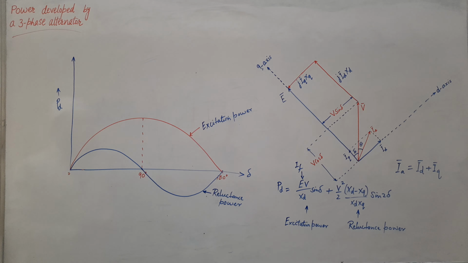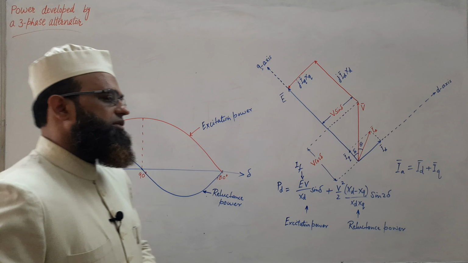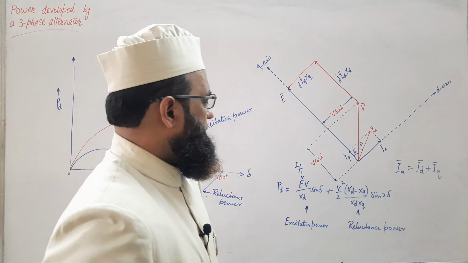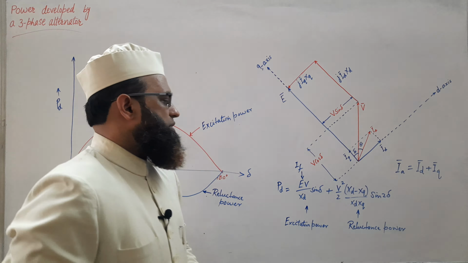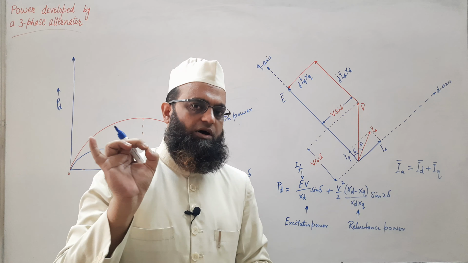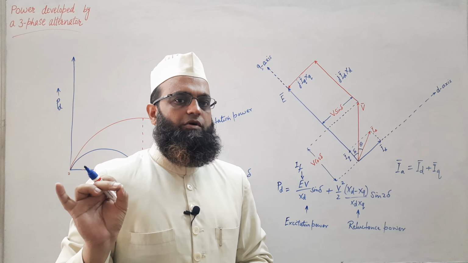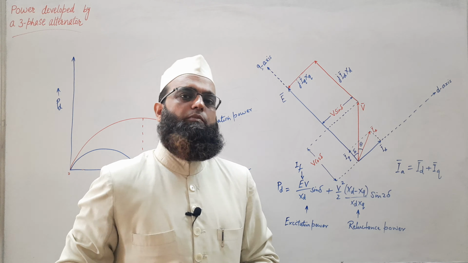This must be kept in mind, because sometimes in a problem copper losses will be given, and then you need to take care of that. Just keep in mind that there is a difference of copper loss between developed power and output power. In this particular case where copper losses have been ignored, that's why we are writing developed power.